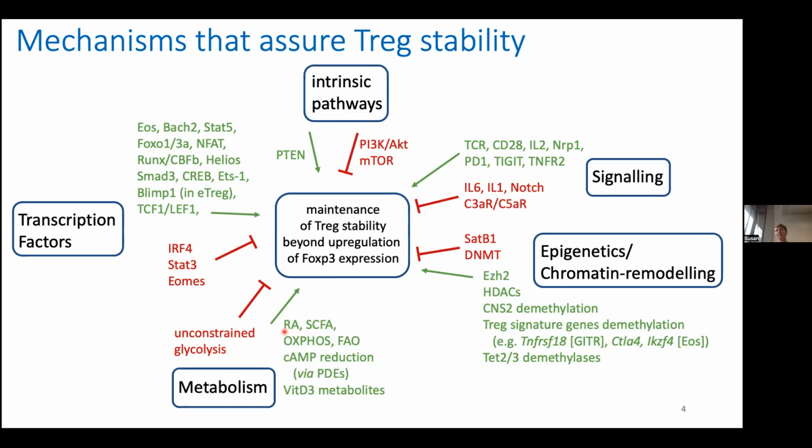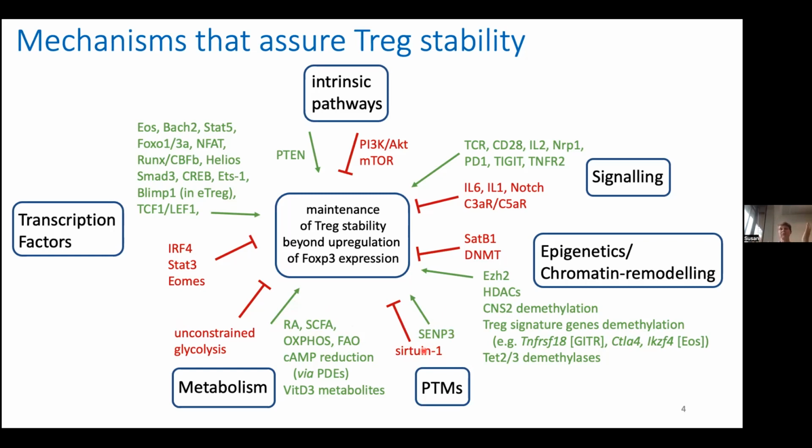Or also for peripheral Treg conversion, metabolic components such as retinoic acid or SCFA, short chain fatty acids. And last but not least, post-translational modifications. For instance, FOXP3 protein itself is heavily post-translationally modified.